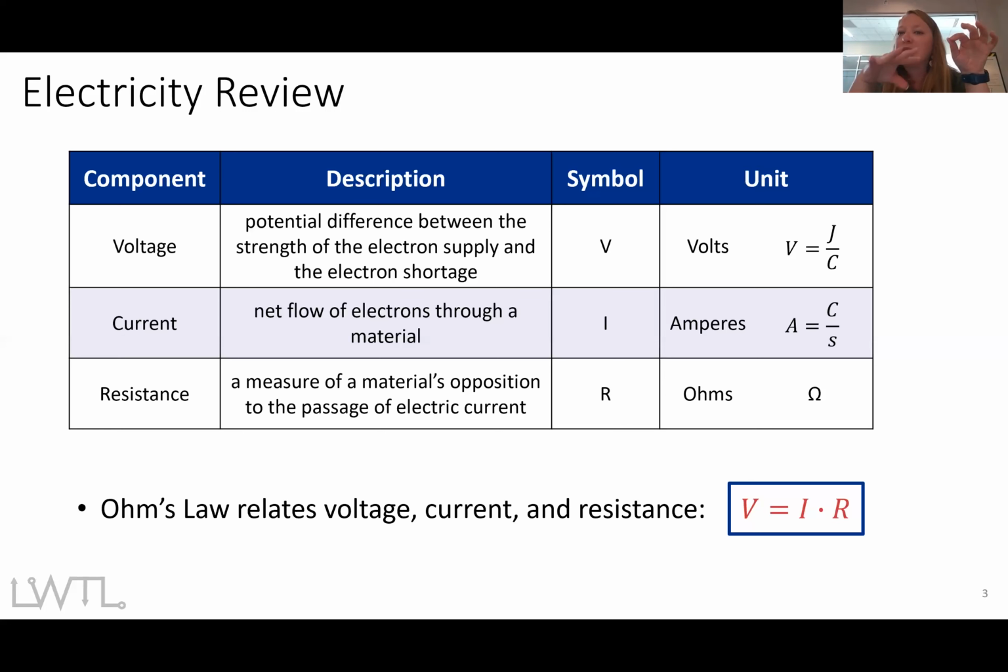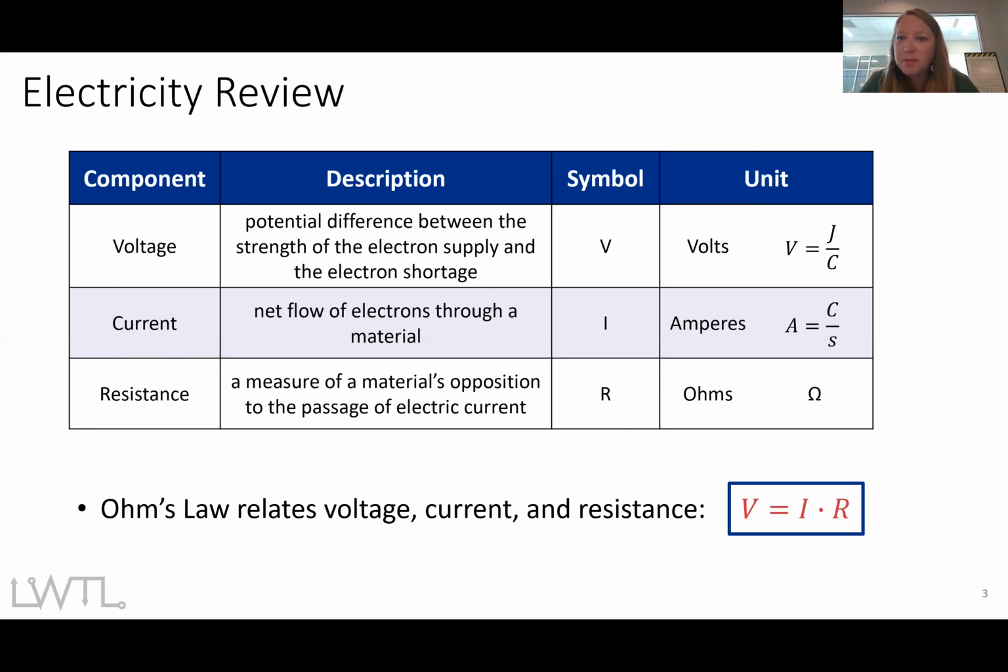But if you had some type of resistive material in there, some type of insulative material, then that current would have a little bit more difficulty going from point A to point B. That amount of resistance is measured in units of ohms, represented with the Greek letter omega. And symbolically in an equation, you'll see resistance written as a capital R, which you can see in Ohm's law.